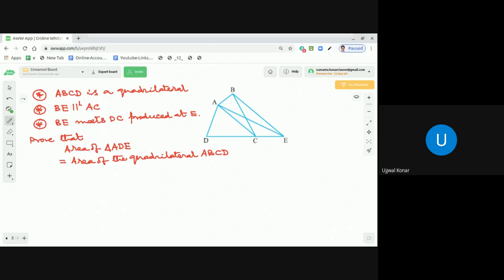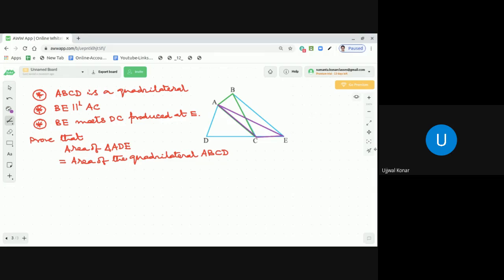Let me draw in a different color. The first one is BAC, so this is one triangle. And another one is EAC.